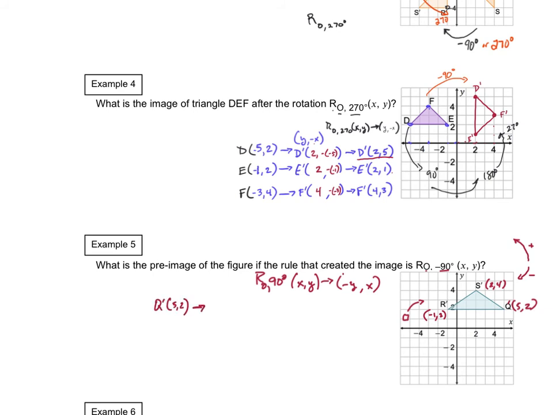If I rotate that, using my mapping rule, (negative y, x), the x is going to be negative y, which would be negative 2, and the y is now going to be the old x, which is 5. When we map that, that would be (negative 2, 5) right there. That would be my Q.